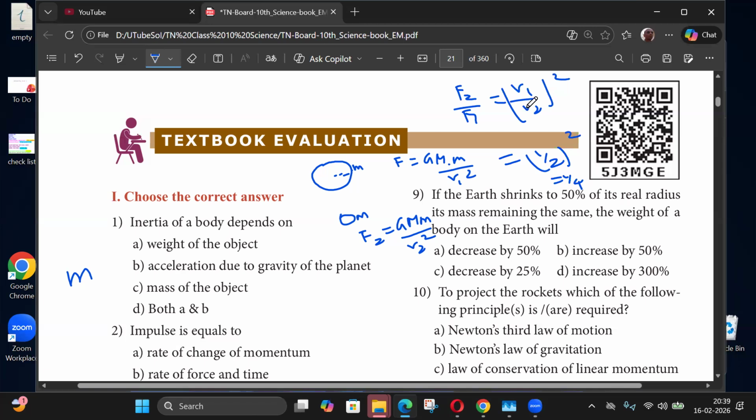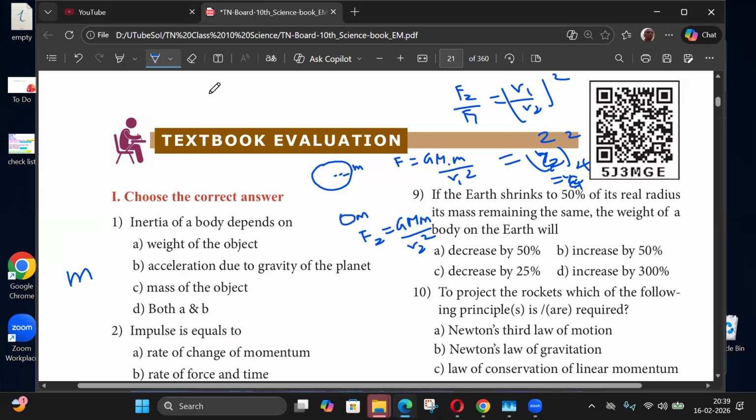F2 by F1. R1 is more, but this is not half. It's two, four times. So we increase four times.